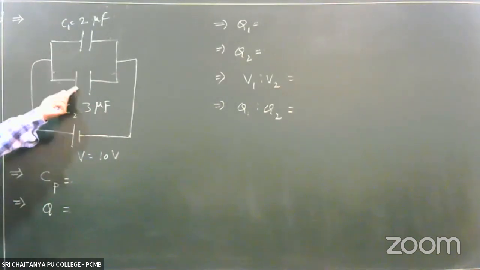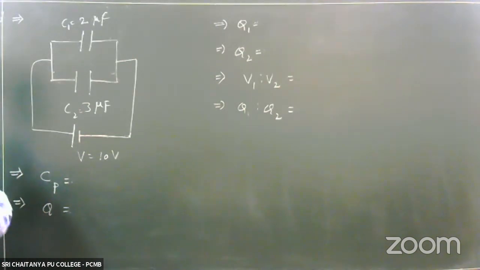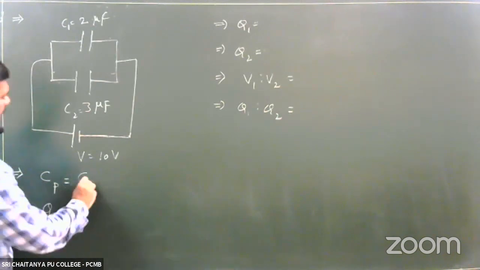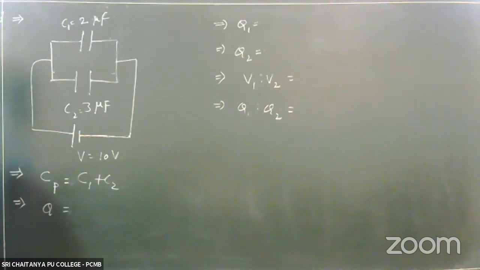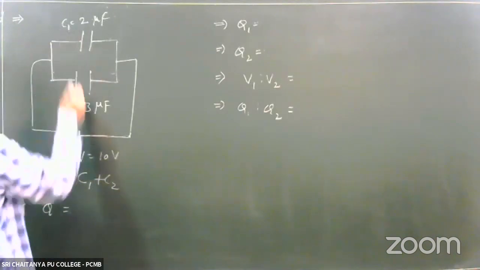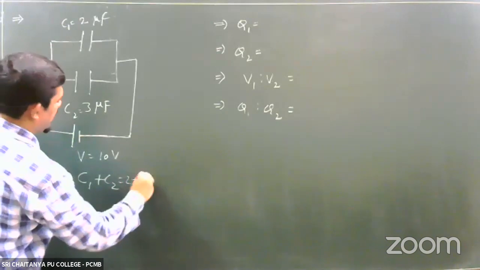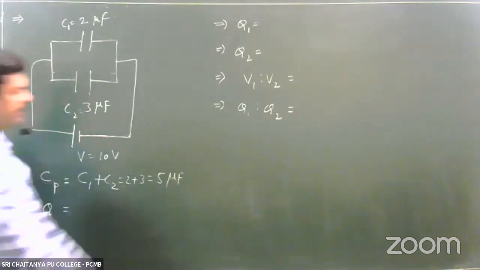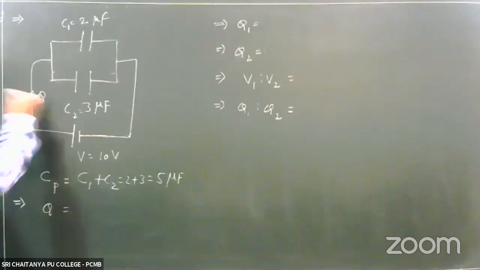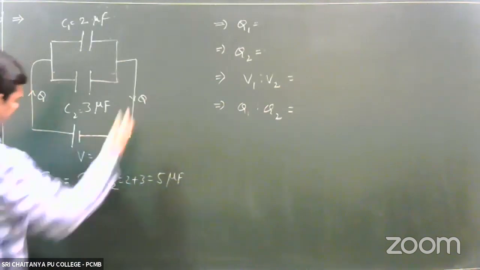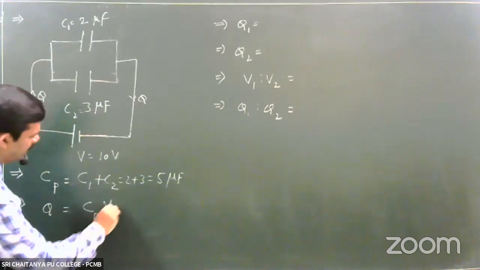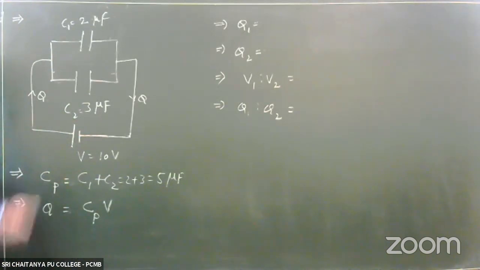How are these two connected? They are connected in parallel. Once they are connected in parallel, the formula for the resultant is C1 plus C2, which is 2 plus 3, so 5 microfarad. Finish. The total charge coming in the circuit is Q. We know Q is equal to Cp into applied potential, as the combination acts like a single capacitor of this capacity. Then the total charge is CPV.